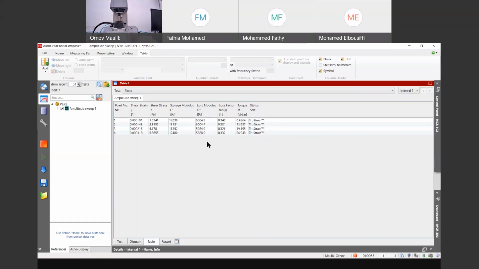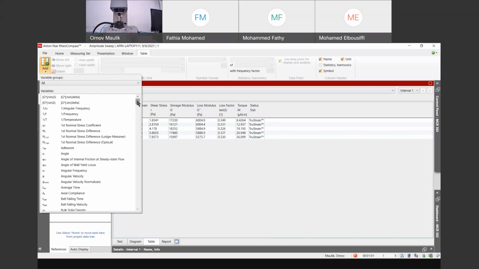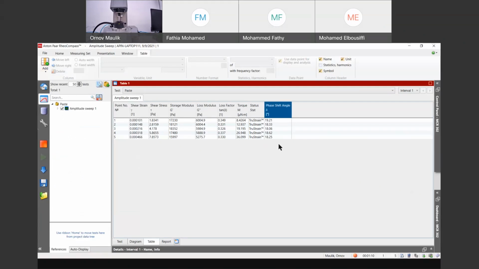In case you want to see something else, say for example, I also want to see the phase shift angle, then you can always add it. If I add the phase shift angle, you would see that it is around 18 degrees.